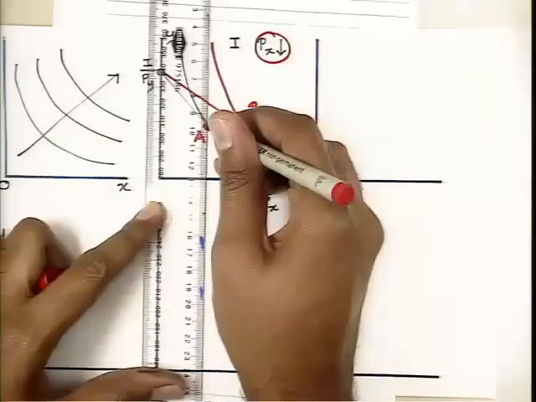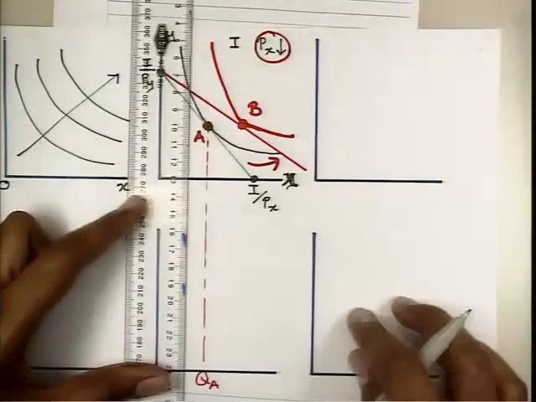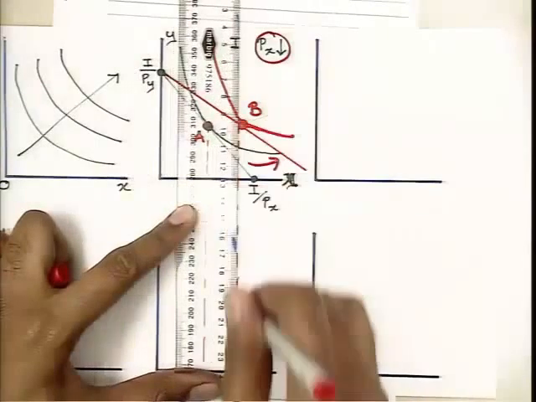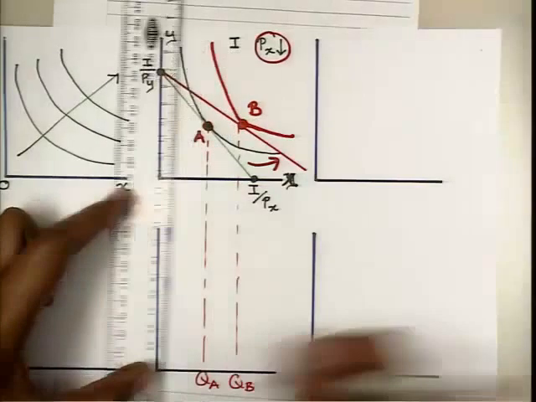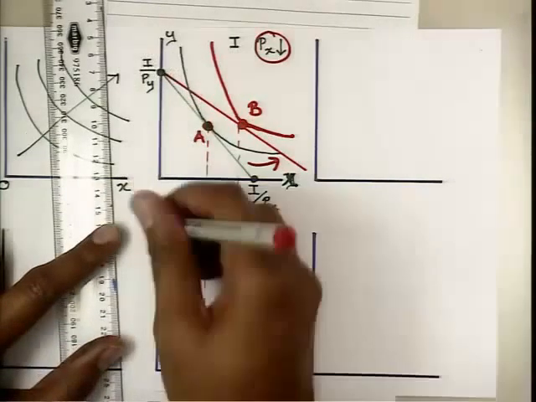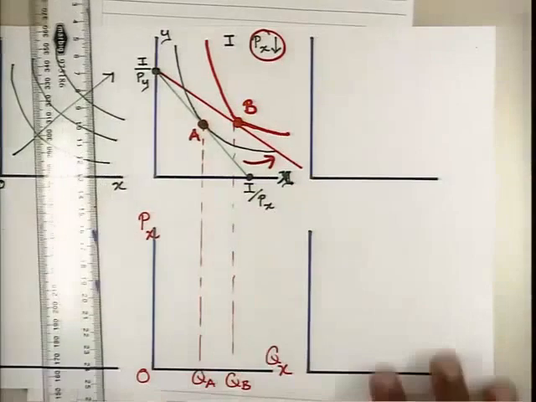I used to be able to buy quantity A, but now I am buying quantity B. What I'm buying is good X, and I'm looking at it in terms of the price of X.